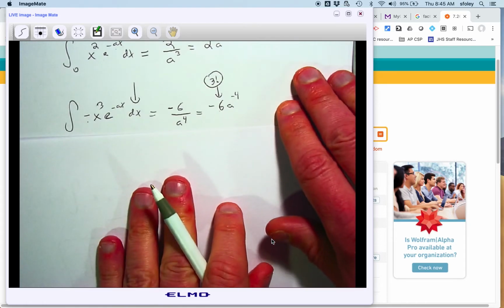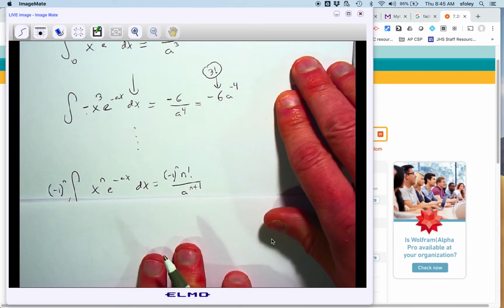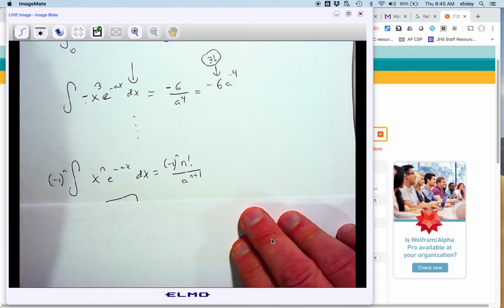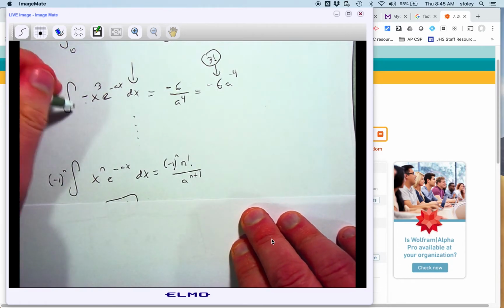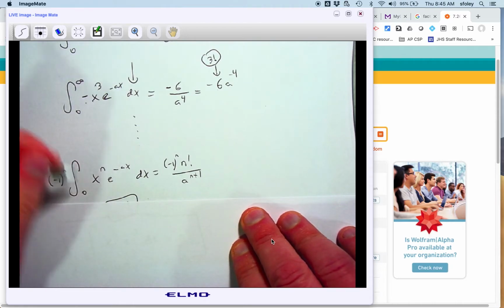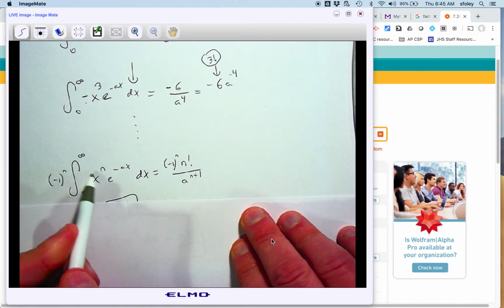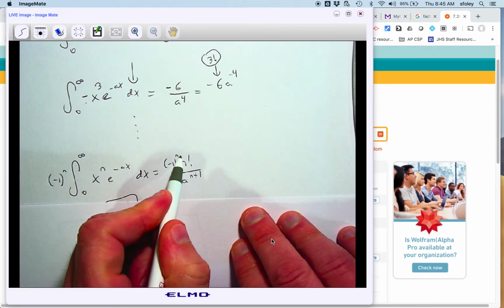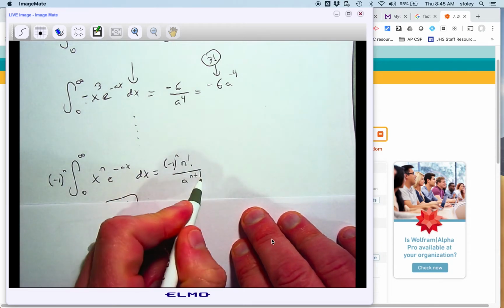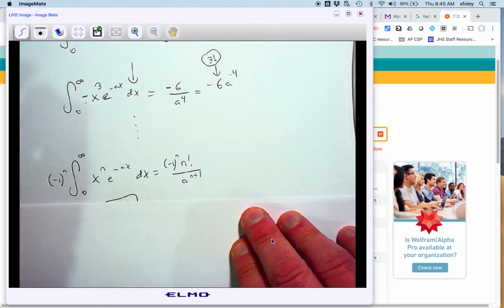And so the grand conclusion here is that this integral is on the left. I stopped writing this here, but this is all from 0 to infinity. We just get this power of x to the nth. On the right side, we get n factorial and then a with a 1 higher power on the bottom. Both sides are either positive or negative, so I can really ignore that.